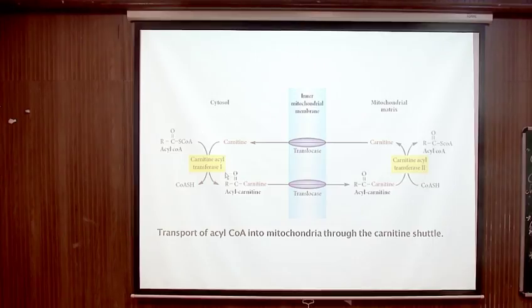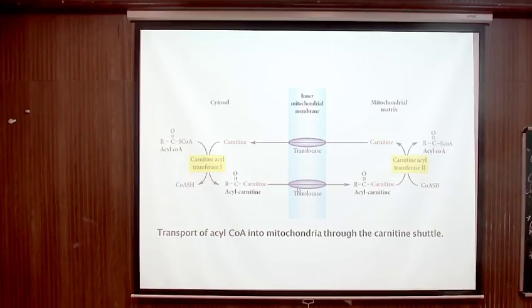With the help of this, acyl carnitine gains entry through an exchange transporter called a translocase. Via this, it enters into the mitochondrial matrix. Is this much clear?